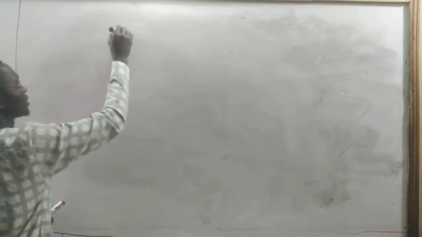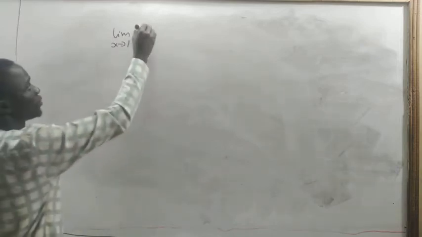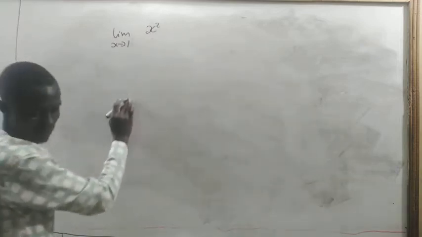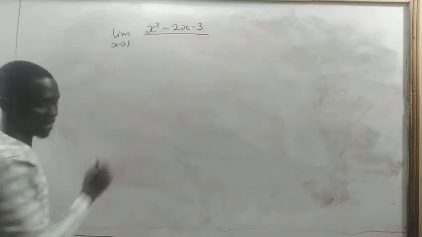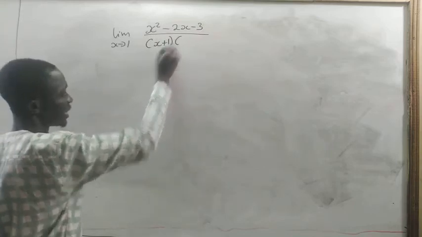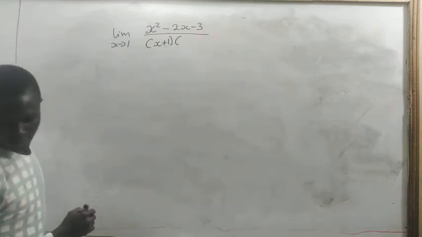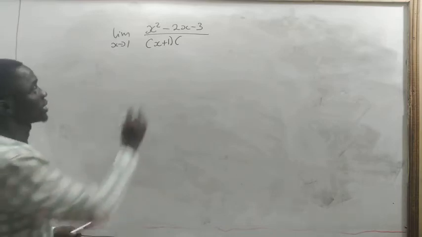We take the limit as x approaches 1. You have x squared minus 2x minus 3 divided by x plus 1 times, oh no, it's not x plus 1, it's x minus 1.